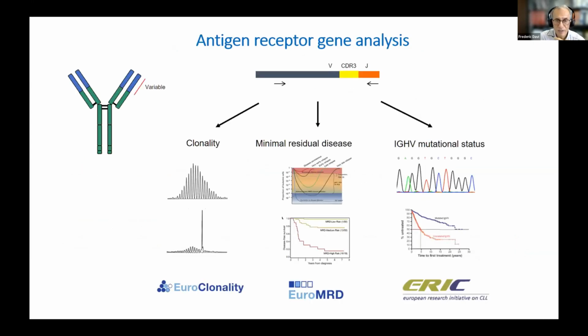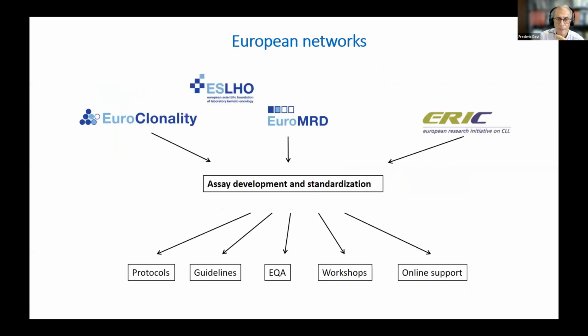So besides clonality, there were parallel efforts for minimal residual disease with the same spirit. And another European consortium called AIRR-C attempted to standardize the IGHV mutational status in CLL. I will come back to that in a minute.